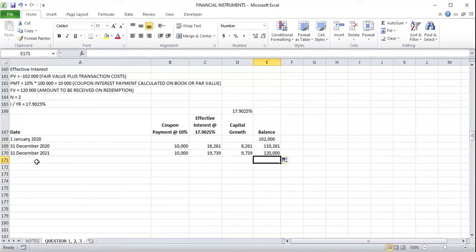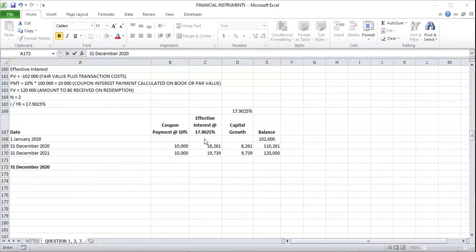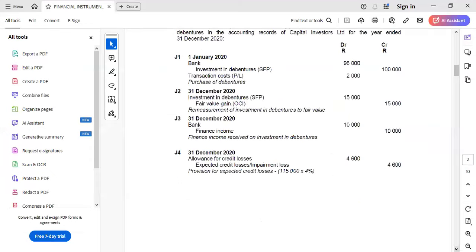Right, so the correct one. Now you would see that this guy, we said number one, I said it was wrong to recognize that fair value gain. Number two, it was wrong.